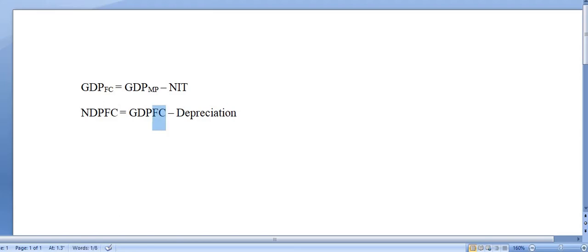I will tell you how to learn the formula, how to use the relationship between them. Don't worry, you will learn. Now, calculating GDPMP is very simple. You can use any of the methods. After calculating GDPMP, you can get GDPFC by just subtracting NIT.